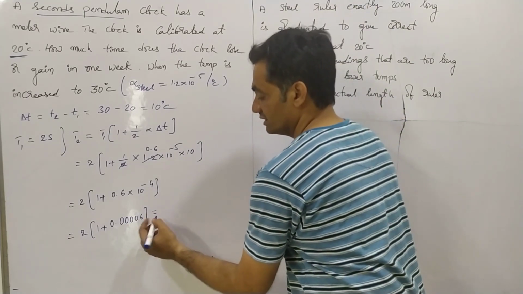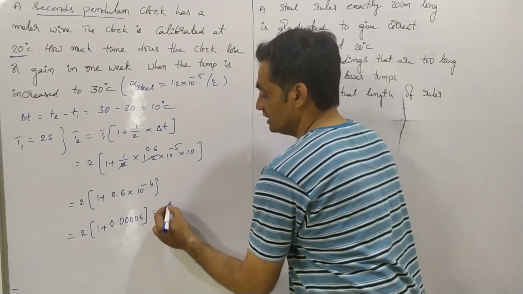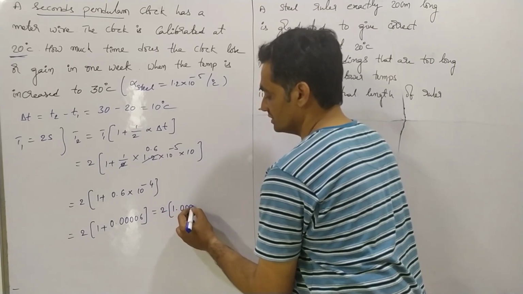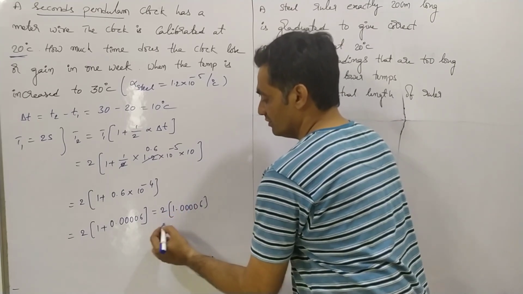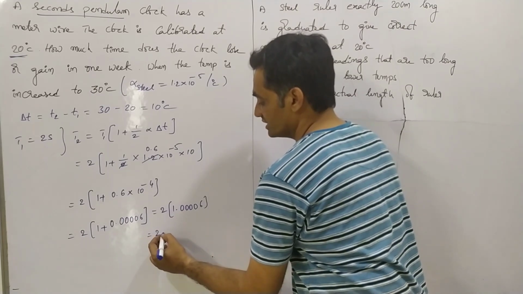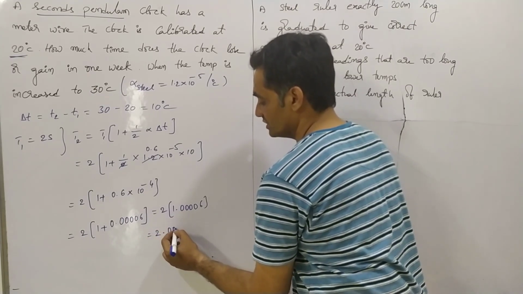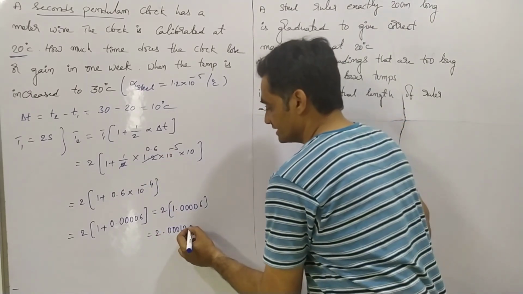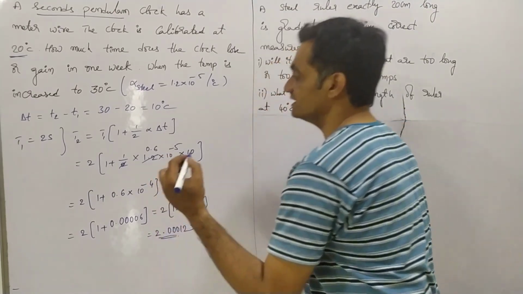So 2 into 1.00006. When we multiply it, it can be represented as 2.00012 seconds. So this is the increase in time period.